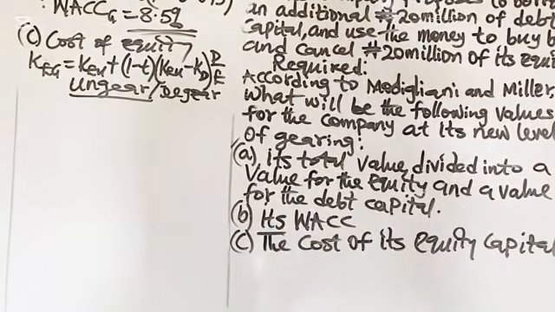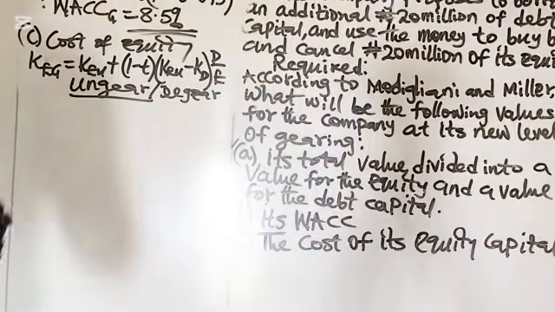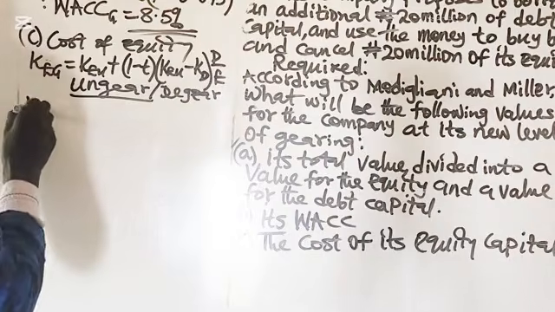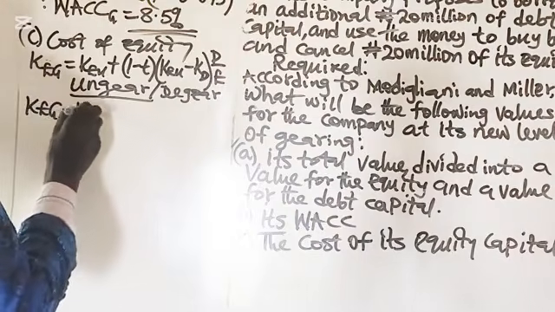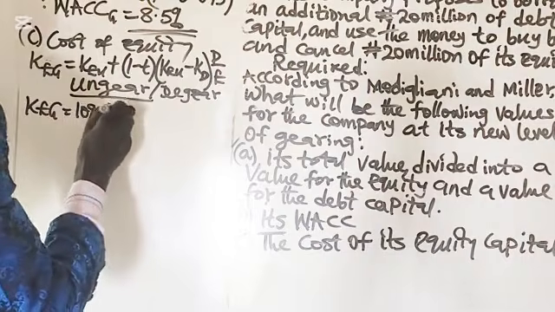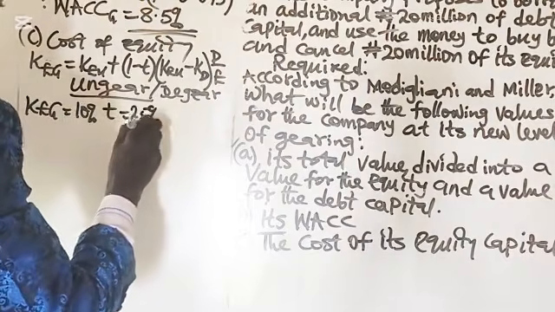So we have KEG, the cost of equity of a geared company, which was 10%. Tax rate, 25%.